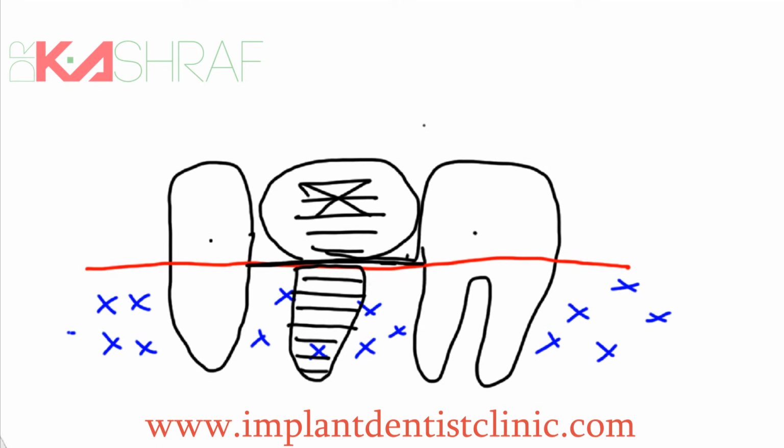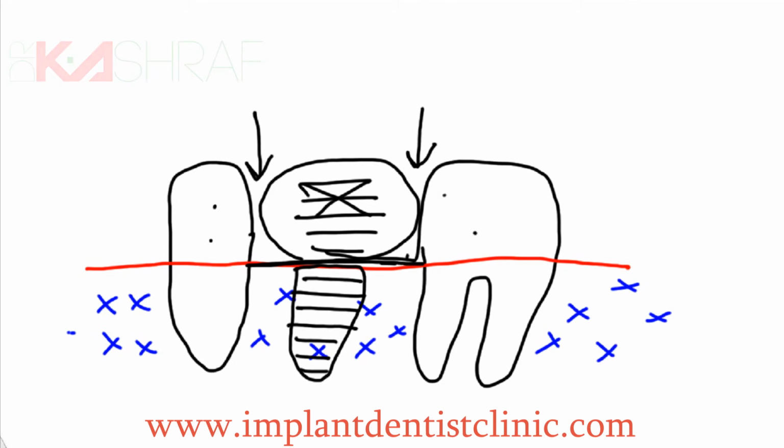Another great advantage you can see here, where I'm drawing the arrows, is that we can floss in between, and we can keep the area nice and clean without having to fiddle with floss threaders and trying to get under that bridge. Now you can floss this tooth as if it were your own natural tooth. So we can keep it clean. It's providing great support for the adjacent teeth. And all in all, your overall function has been preserved.